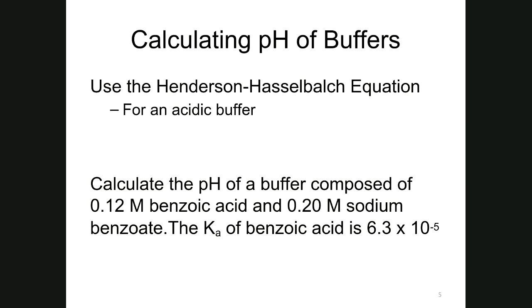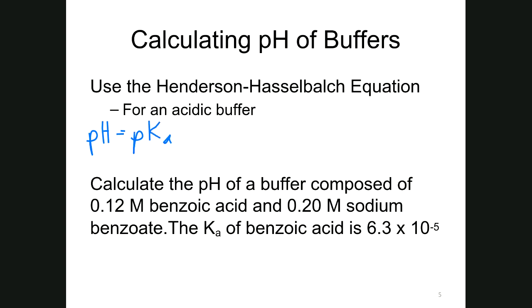So in order for us to find the pH of a buffer, we use something called the Henderson-Hasselbalch equation, which I'm usually just going to call the HH equation. Now, in an acidic buffer, which just means that the pH of the buffer itself is acidic, we have this equation: the pH is equal to the pKa.